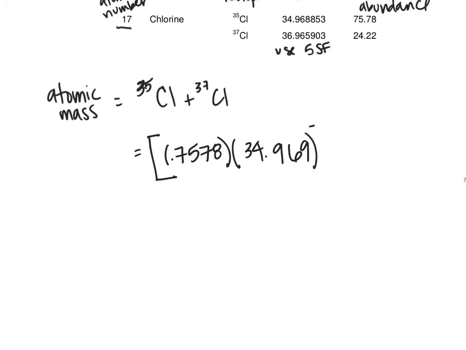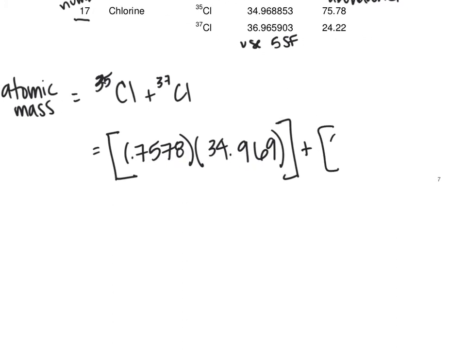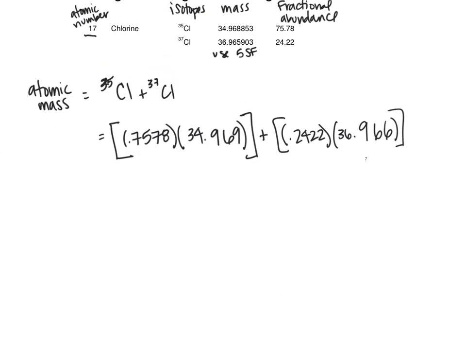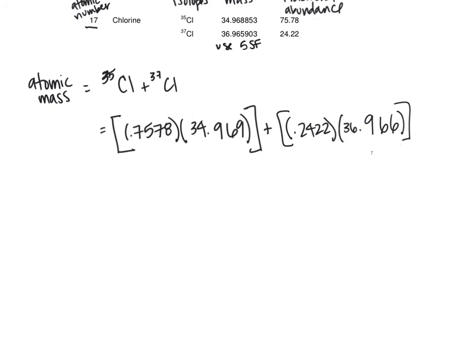And then we're going to add to this chlorine-37, which has a fractional abundance of 0.2422, multiplied by the weight, which is 36.966. So now we have this calculation. And then we can plug this into our calculator and get a value. And so we would get 35.45.